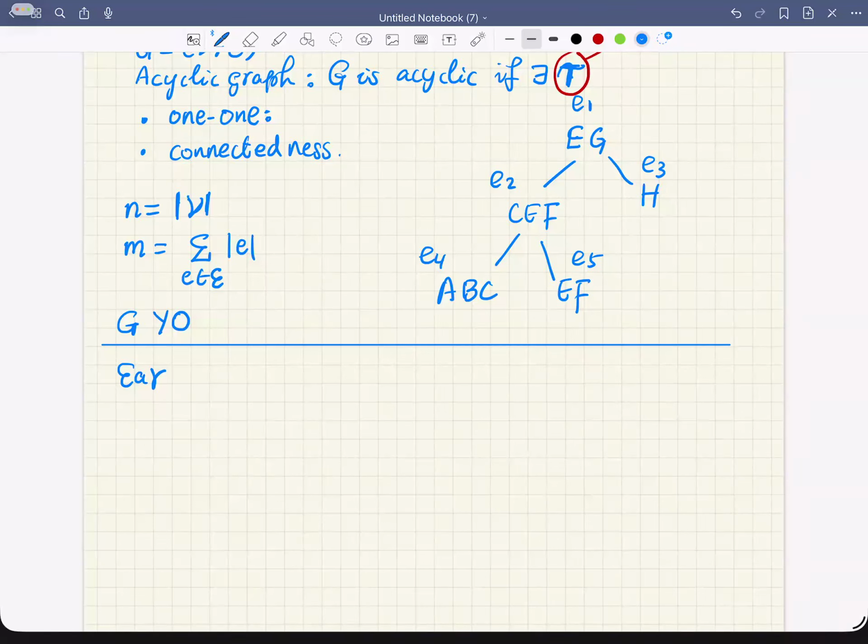This ear is a concept defined in the following way. So I will be intentionally verbose.